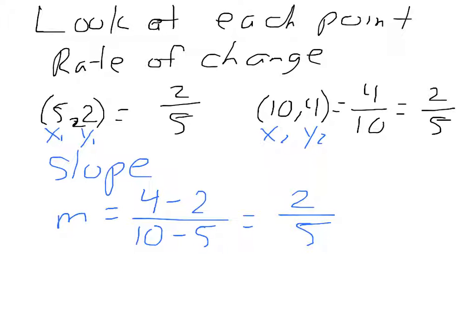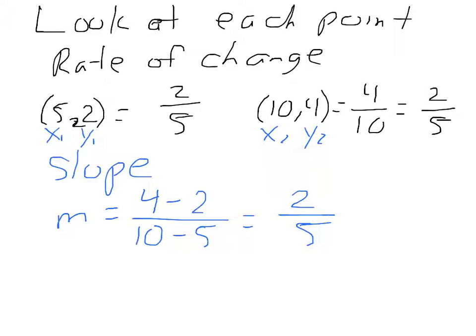Well, doesn't the question say determine the rate of inches per minute? Inches per minute, right. Remember, the y-axis is the inches, and the x-axis was the minutes. So inches would be y over x. That's why it's 2 over 5, because I want the y over the x.